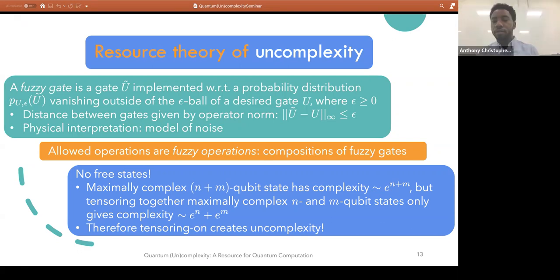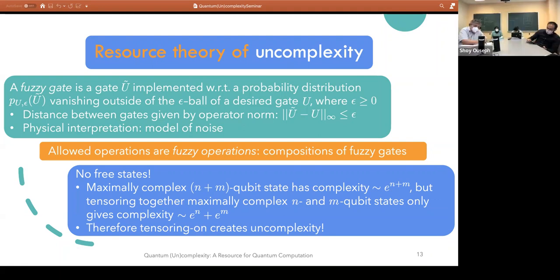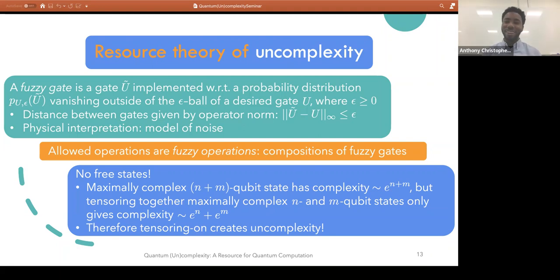Sorry, can I ask one question as well? Yes. If you consider a system of n plus m qubits, is the maximally complex state unique, or is there a set of states that are maximally complex with complexity of that order? Yes, that's a good question. I don't have an argument on the spot, so you should be hesitant of my answer.